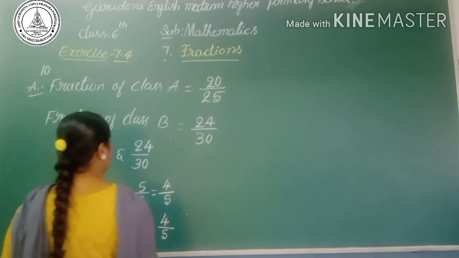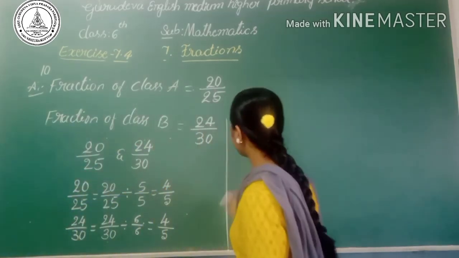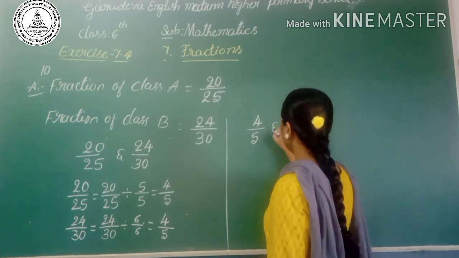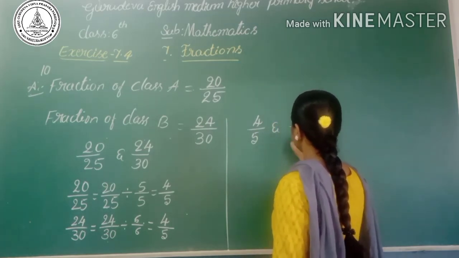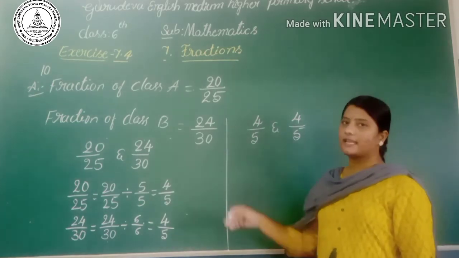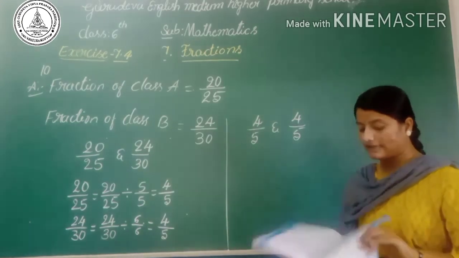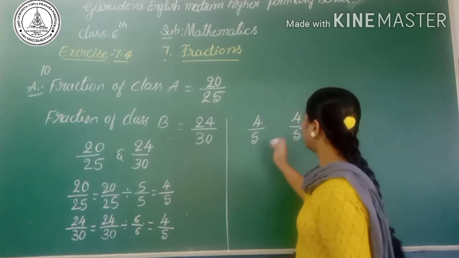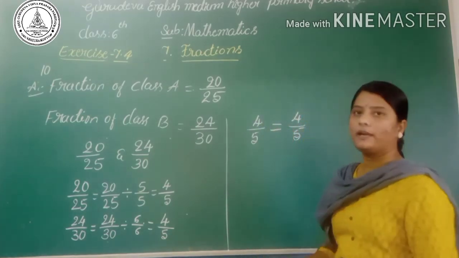As you can see here, both the fractions are the same: 4 by 5 and 4 by 5. Yes, so these two fractions are the same. Then what do we have to write at last? So we can write here 4 by 5 is equal to 4 by 5.